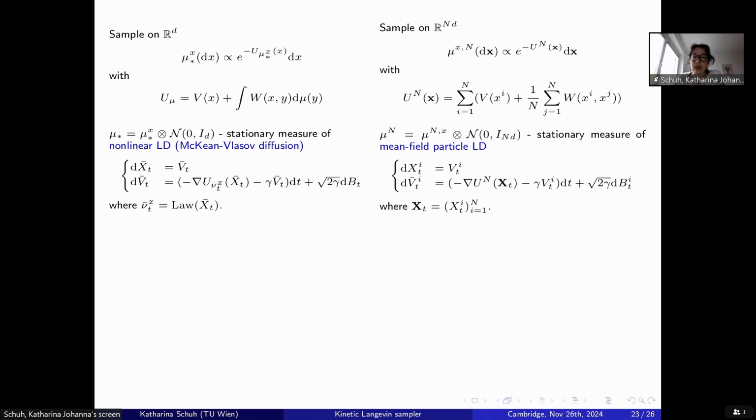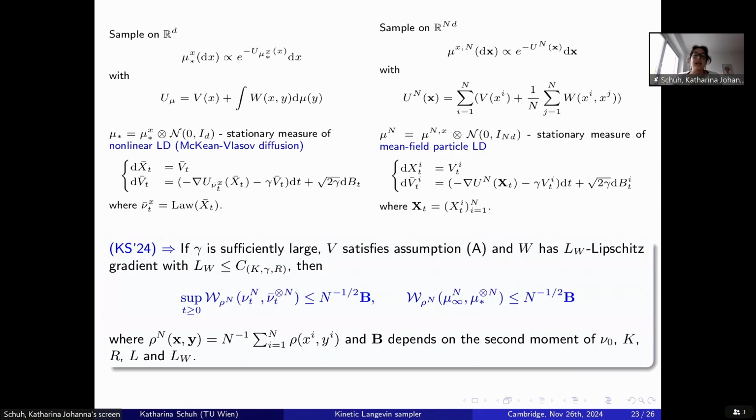And for these two Langevin dynamics, one can actually show that we can bound the distance between the law of these two Langevin dynamics, namely provided again that gamma is sufficiently large, that our potential V satisfies our previous assumptions we had for our potential U, which was that it's strongly convex outside the Euclidean ball and has Lipschitz gradients.